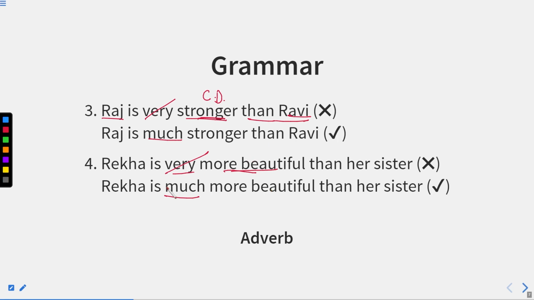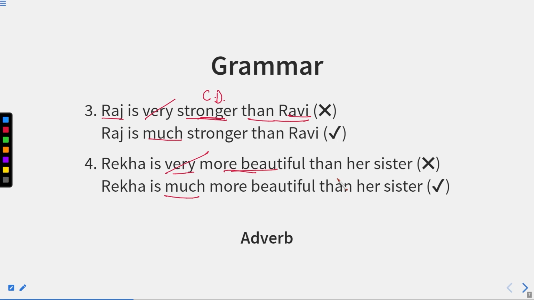Now, if I just avoid this much from here, if I write the sentence like Rekha is more beautiful than her sister, then also the sentence is absolutely correct. Now, much just emphasizes that she is very much beautiful. It means while comparing with her sister, she is extra beautiful. So, Rekha is much more beautiful than her sister.